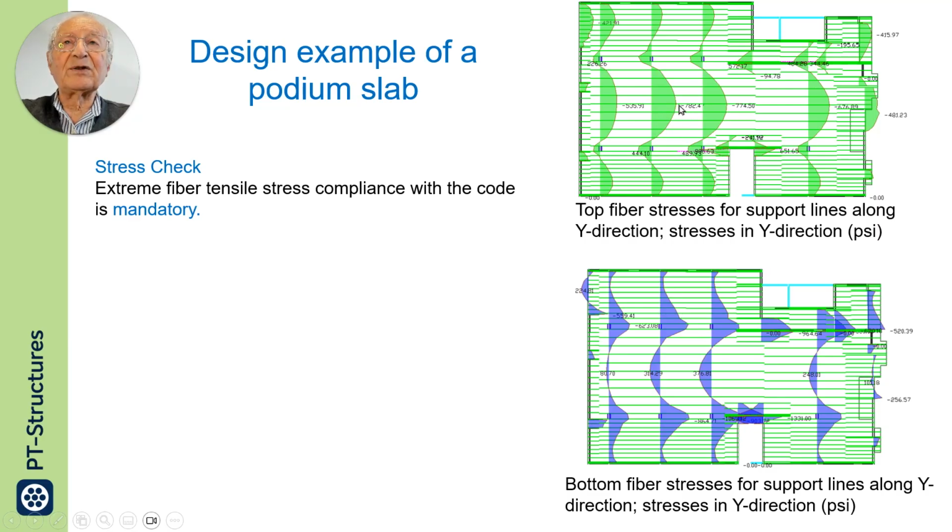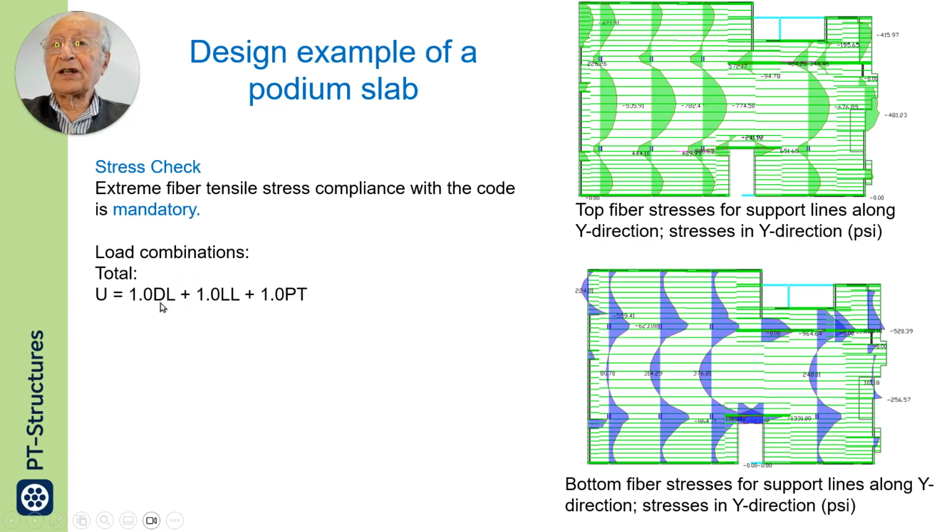The maximum value is this. Extreme fiber tensile stress is used to meet compliance with the code. Its tension value should meet the code, should not exceed the code. It's mandatory.